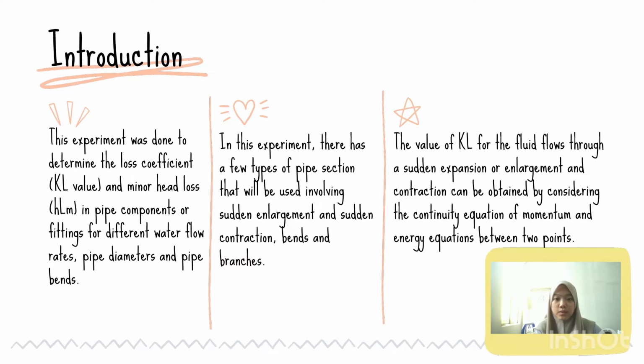In this experiment, we will have a few types of pipe section that will be used, involving sudden enlargement and sudden contraction, bends, and also branches. Lastly, the value of KL for the fluid flows through a sudden expansion or enlargement and contraction can be obtained by considering the continuity equation of momentum and energy equations between 2 points.